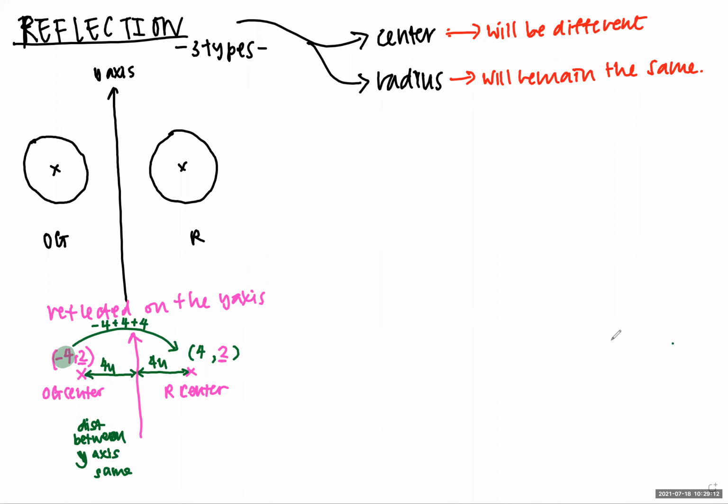Okay, so the next part we're going to do is a reflection on the x-axis. So this is type 2. Let me give you a more complicated one, meaning something that is overlapping.